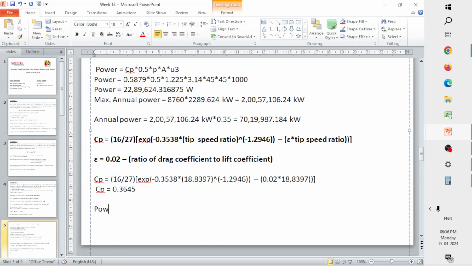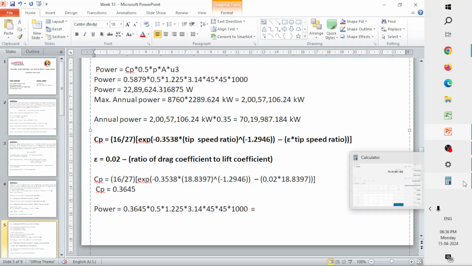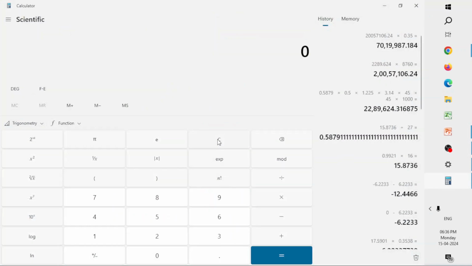That will be 0.3645 times 0.5, that is half, rho 1.225, A that is 3.14 times 45 square, times u cube, which is 1000.